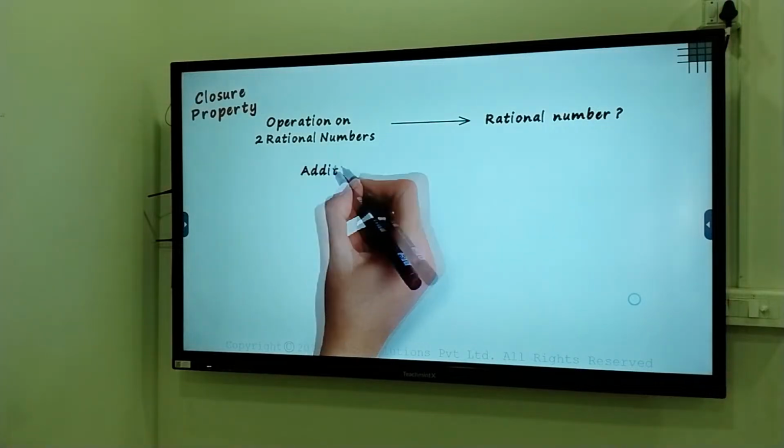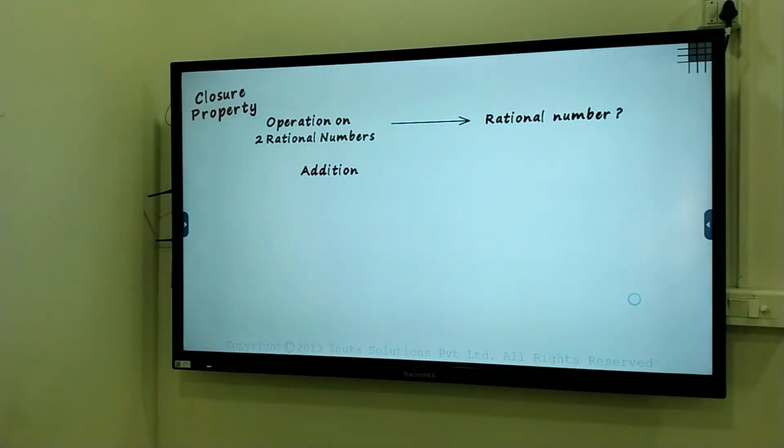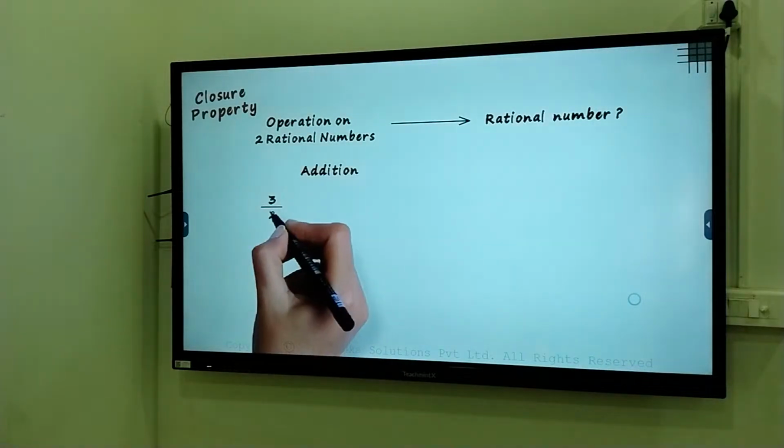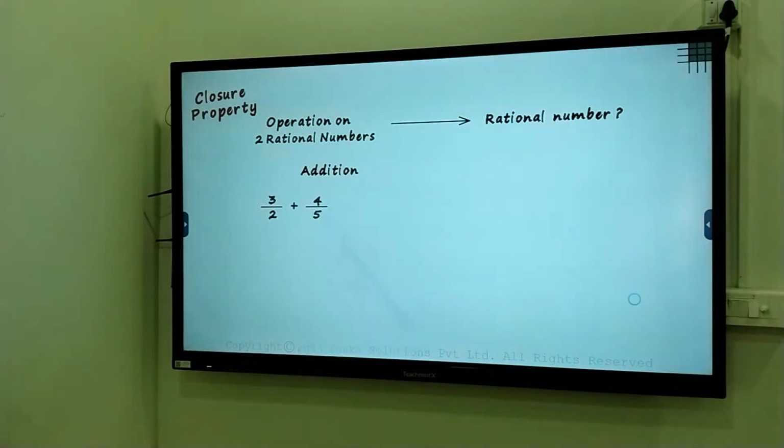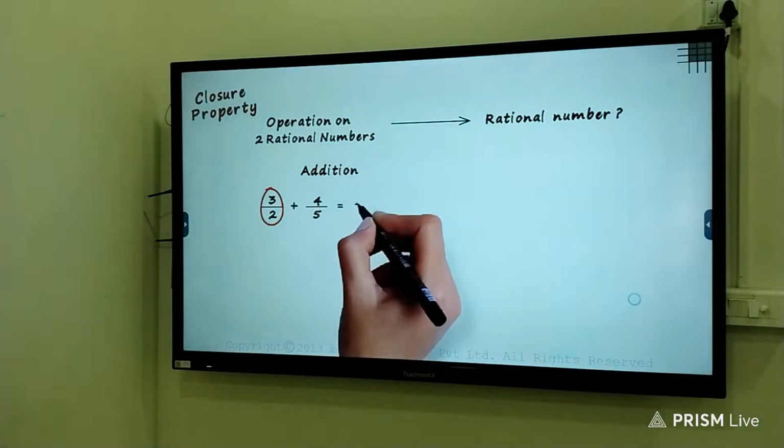Let's start with addition. To test if the closure property is satisfied for addition, we take two random rational numbers, add them, and see if we get a rational number. We can try adding 3 divided by 2 and 4 divided by 5. To add two rational numbers with different denominators, we have to make the denominators the same. The least common multiple of 2 and 5 is 10. We can write 3 by 2 as 15 by 10.